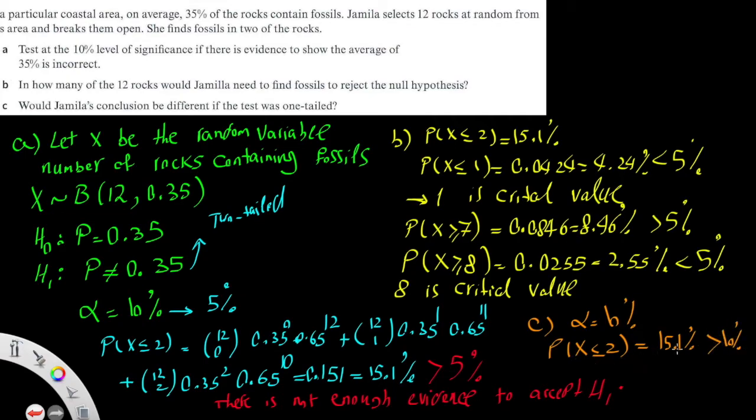So it means that it is still located in the acceptance region. So in this case also there is not enough evidence to reject H0, or you could say to accept H1.